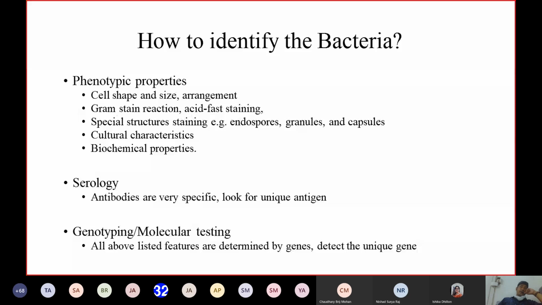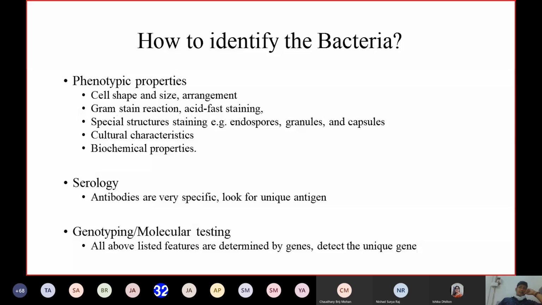Like E. coli and Klebsiella, both are gram-negative bacilli, both belong to the Enterobacteriaceae family, but their cultural characteristics are different. E. coli will form moist, lactose fermenting colonies on MacConkey, while Klebsiella will form comparatively bigger colonies, and they are mucoid in nature. They look like jelly.